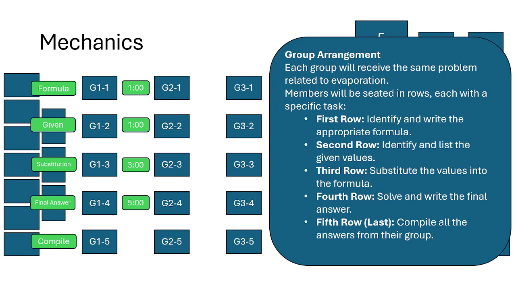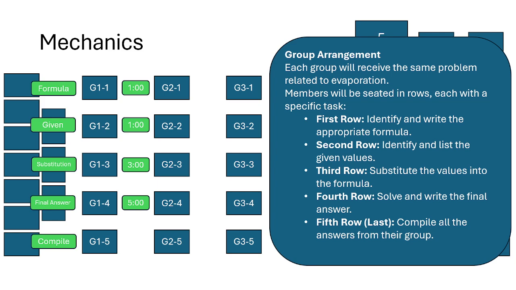For substitution, since they will not know what the given is and what the formula written by members 1 and 2 is, we will be compensating that lack of information with 2 more minutes.